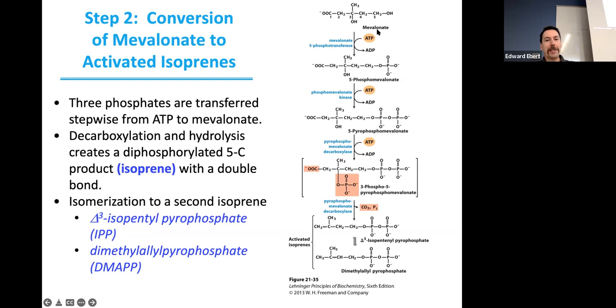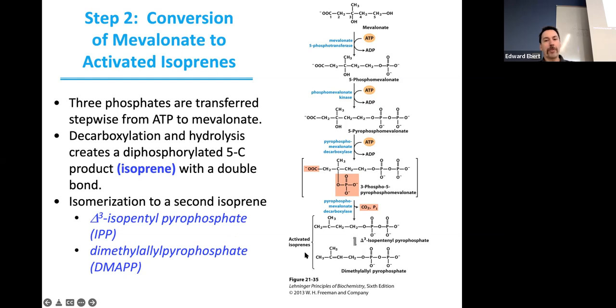Mevalonate then gets converted into activated isoprenes. Okay. All right, through a whole series of steps here, and you can see we're spending ATP in a bunch of these steps, and we do release carbon dioxide at one of these steps as well. So we're going to cleave off one of those end carboxyl groups in there, and we can make these isopentenyl pyrophosphates or dimethylallyl pyrophosphates.